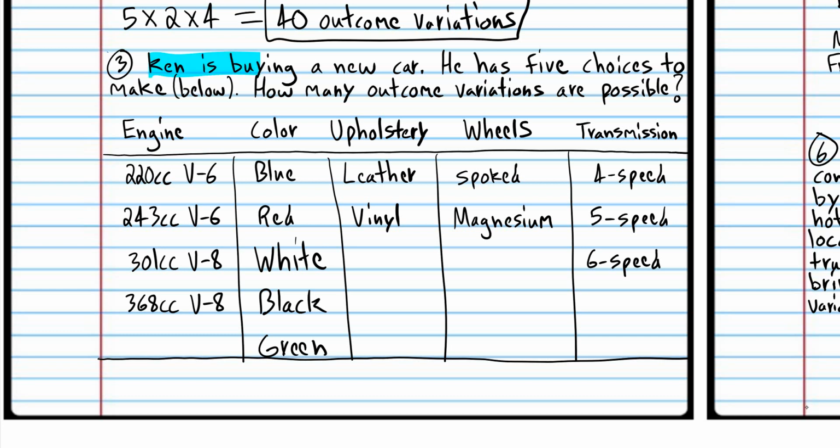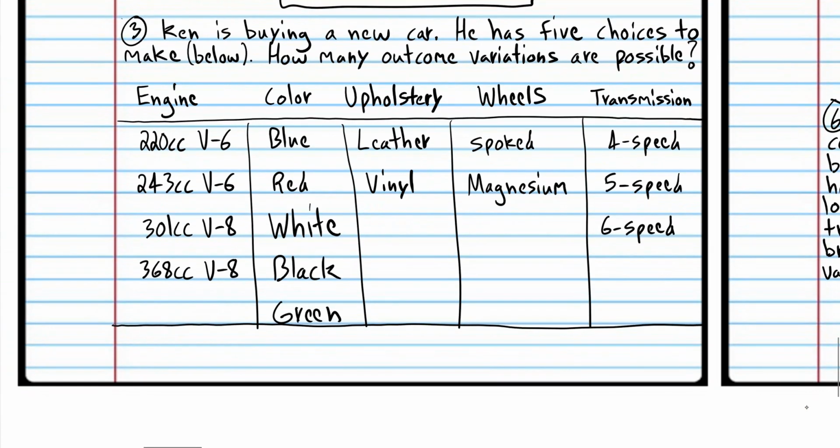So Ken is going to buy a new car, and he has 5 choices to make. How many outcome variations are possible? Well, he has 4 different types of engines that he can choose, and he has 5 different colors that he can choose for the car, 2 different types of upholstery, 2 different types of wheels that he can buy, and 3 different transmissions.